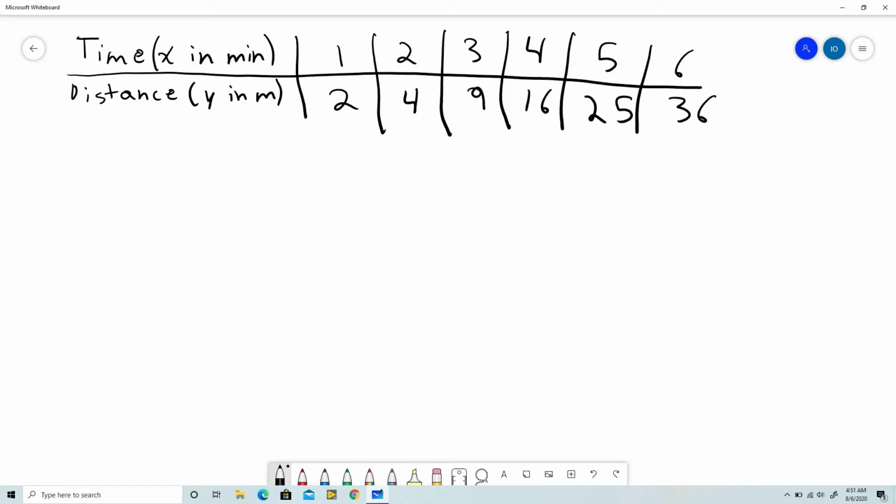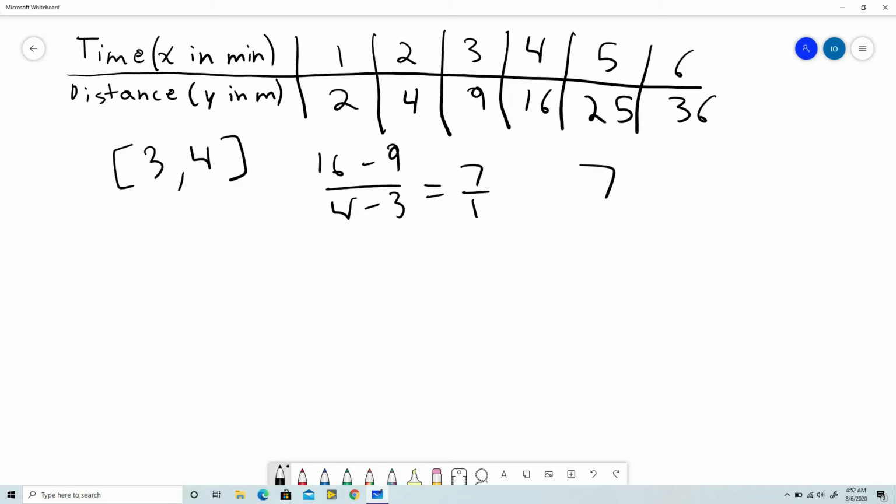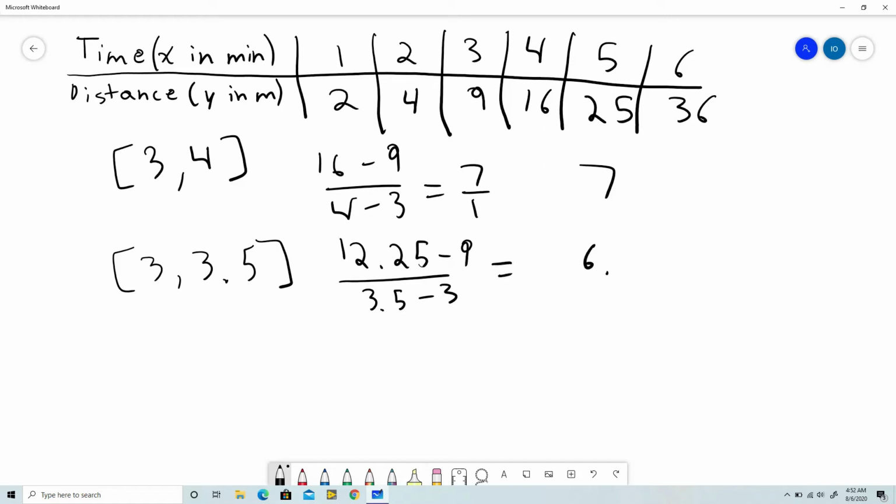The way we can approach this is simply by using the slope formula we all know and love. For example, take the interval 3 to 4. The slope of that would be 7. If we do 3 to 3.5, we get 6.5.